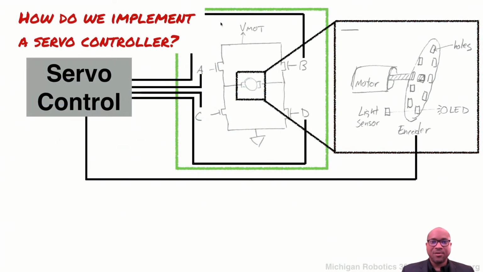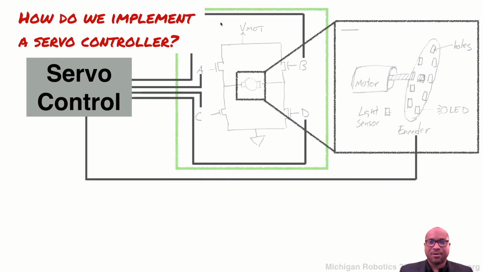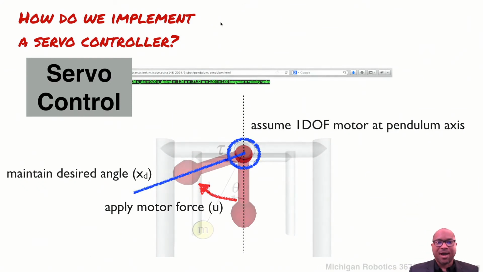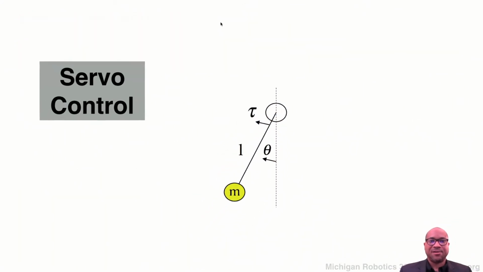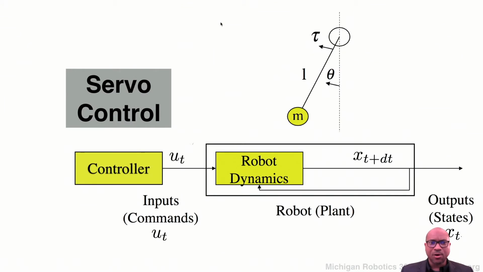Given that the servo controller's job is to take in proprioception and a desired state and produce motor commands to achieve that desired state, how do we actually implement the servo controller? Let's go back to our pendulum to get a sense of this. Our control scheme on the whole will look like this: we'll have some controller that will output a command, which we'll call U, and that goes into the plant, the dynamics of our system, and then produces a resulting state from that action.